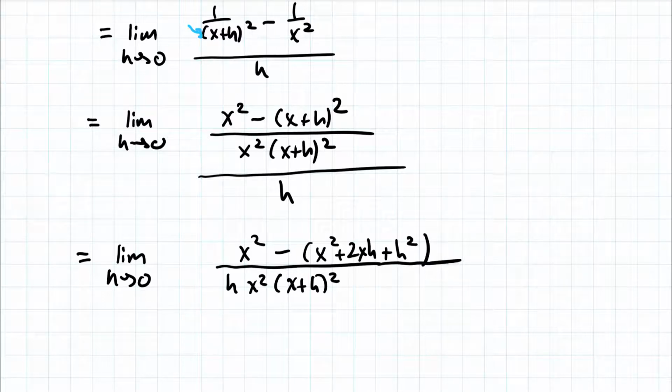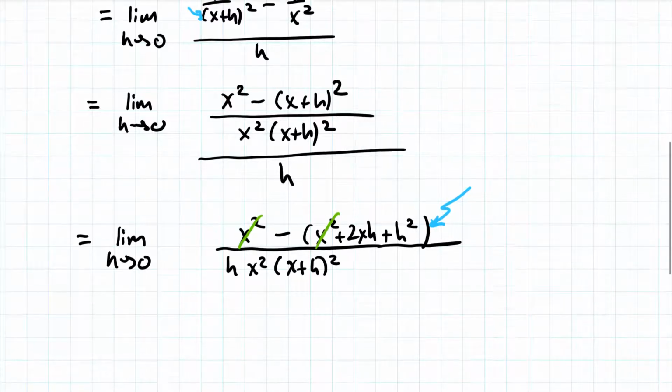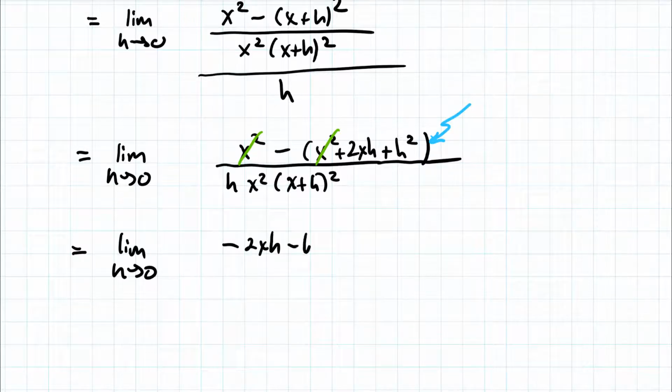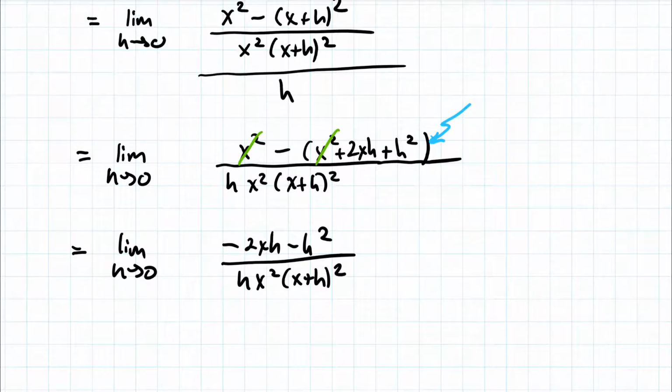And again, the parentheses there are important because that minus sign hits everyone in these parentheses. But in any case, you see that the x squareds will cancel. All right. So now we have the limit as h goes to 0 of minus 2xh minus h squared, all over h times x squared times (x plus h) squared.